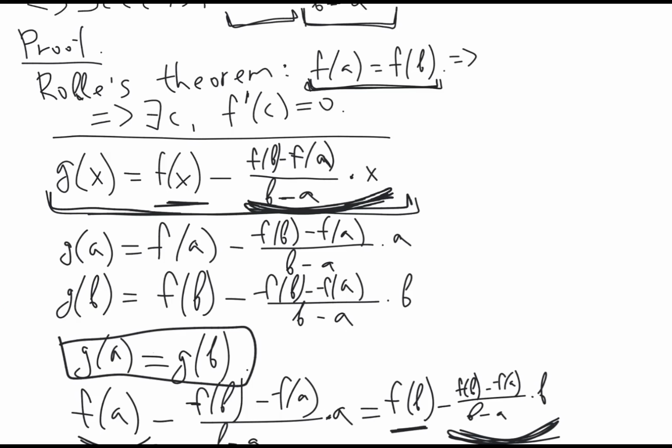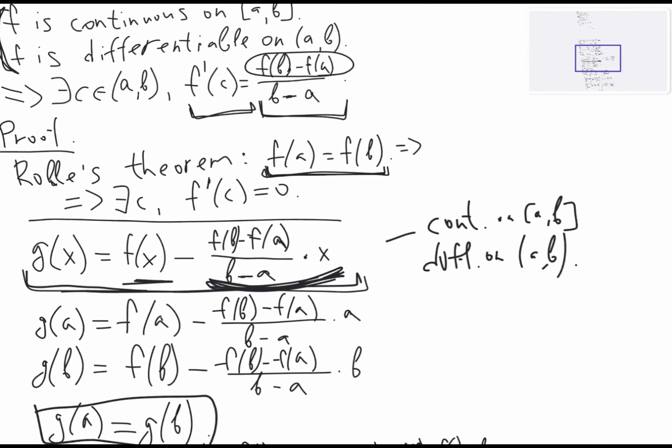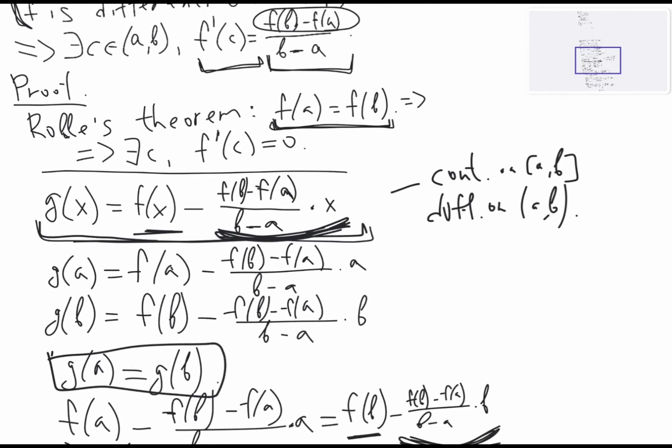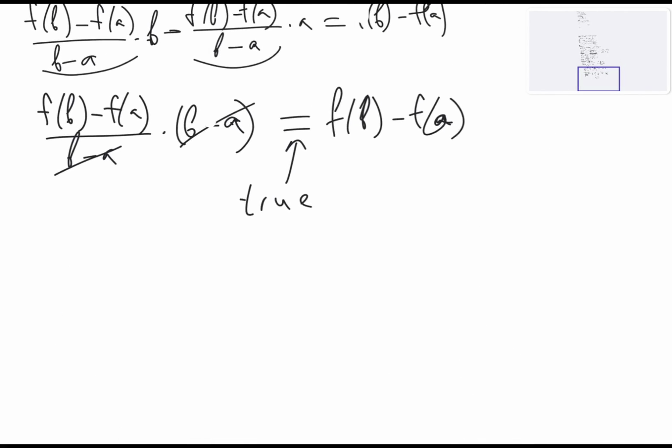So g of x is continuous on the closed interval [a, b], and differentiable on the open interval (a, b). Therefore we can apply Rolle's theorem because we get this additional condition that g of a is equal to g of b.